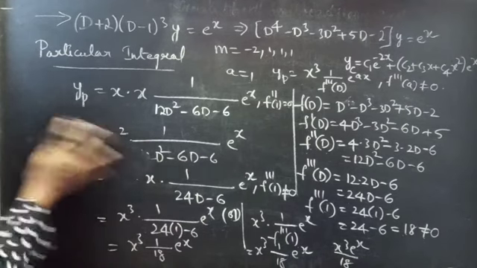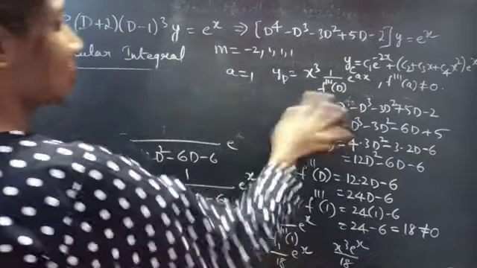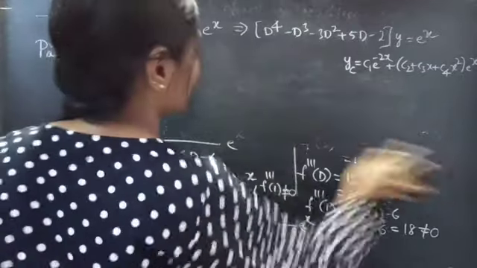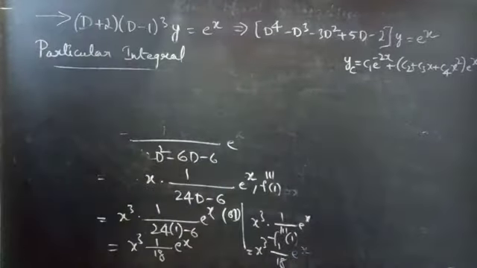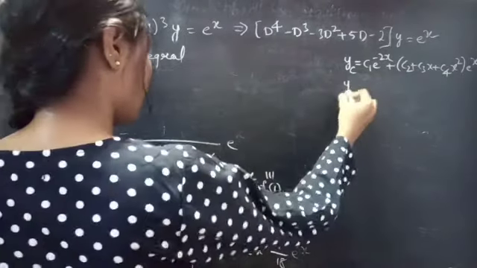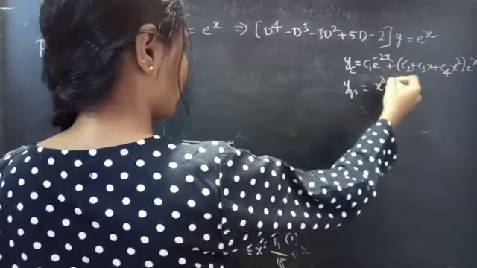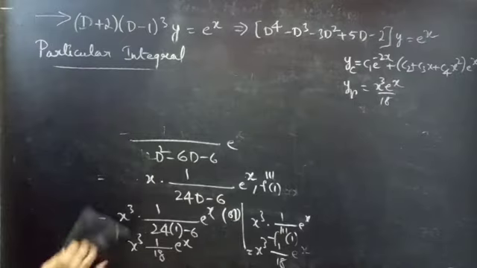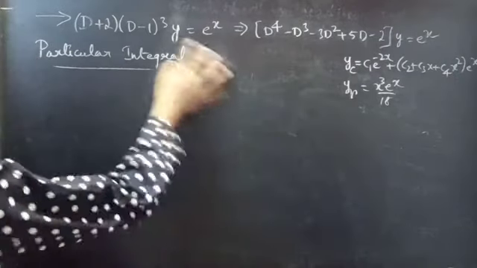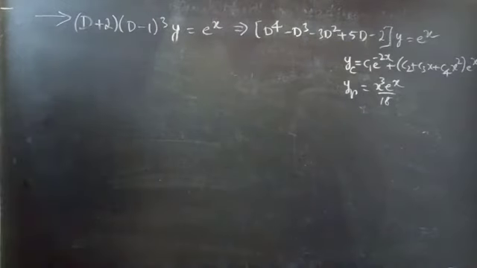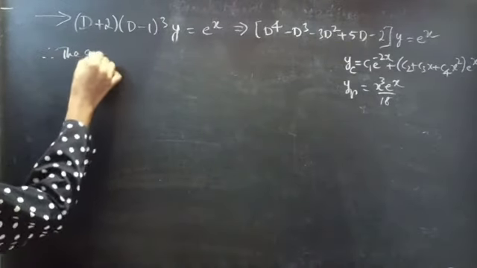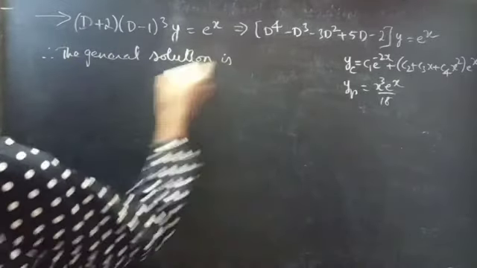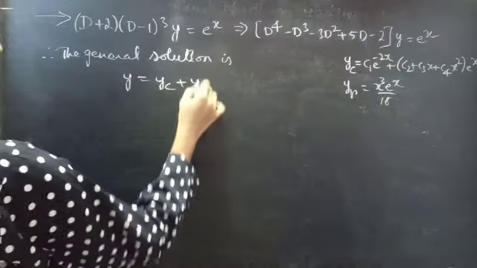Now let's write the general solution. Therefore, the general solution is given by y equals yc plus yp.